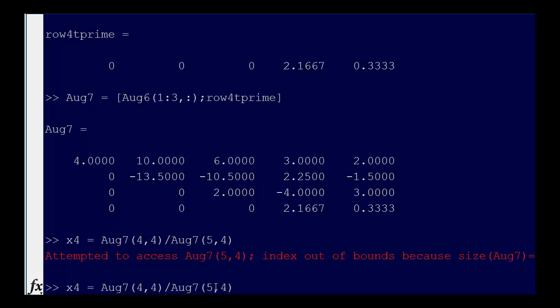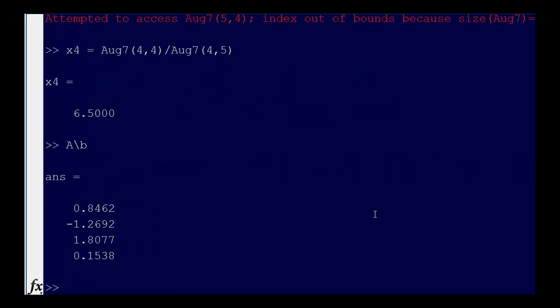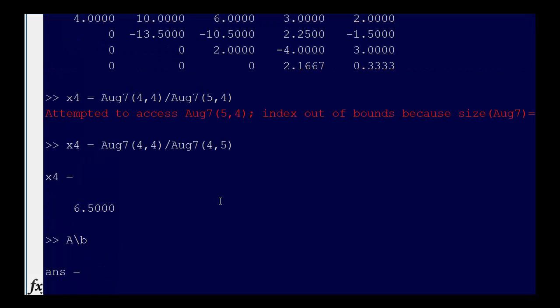Oh no, rows by columns. So I need to go 4 5. It's 4 down, 5 over, yes? Okay, and if I do A back divide B, okay, well, we get x4.